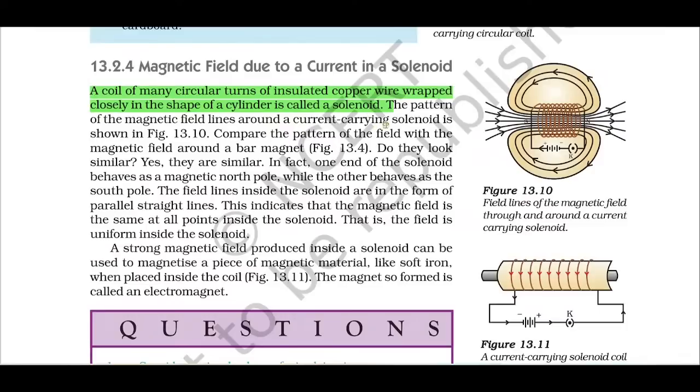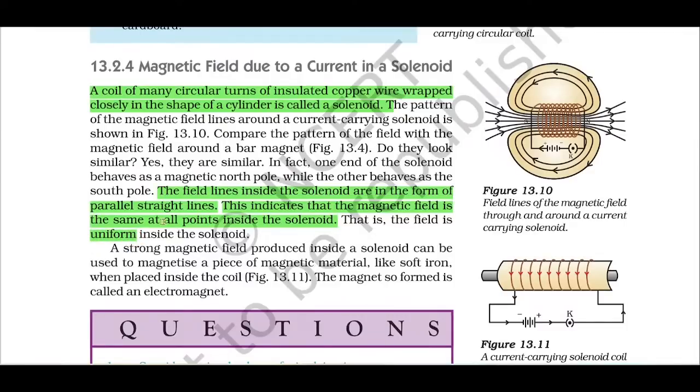The pattern of magnetic field around a current carrying solenoid is similar to that of a bar magnet. The magnetic field lines inside the solenoid are in the form of parallel straight lines, which indicates that the magnetic field inside the solenoid is the same at all points, that is, the magnetic field is uniform inside the solenoid.